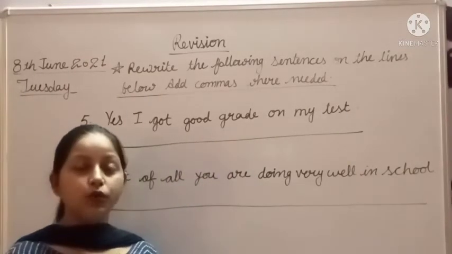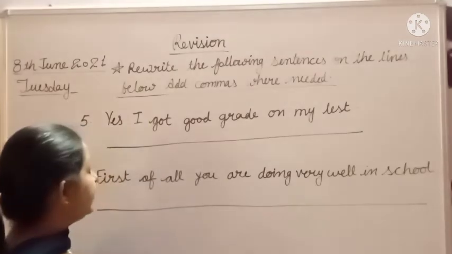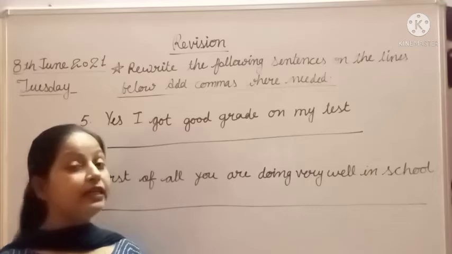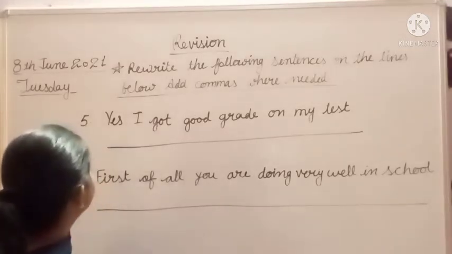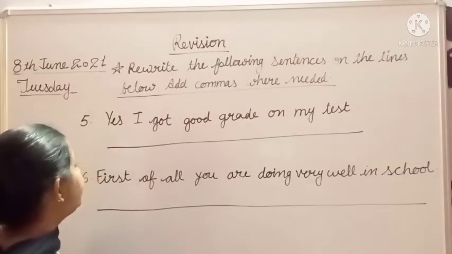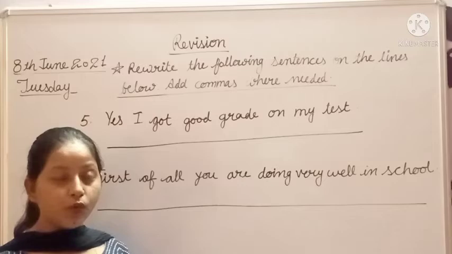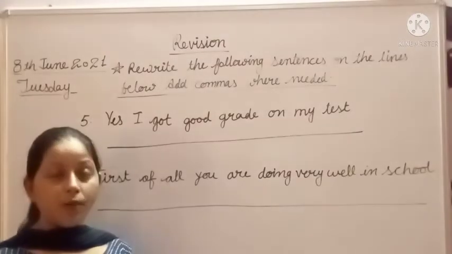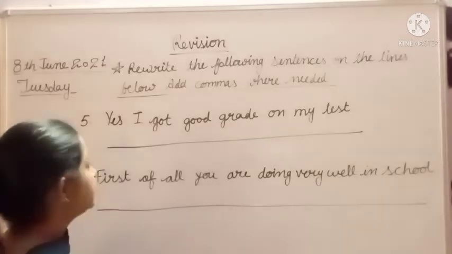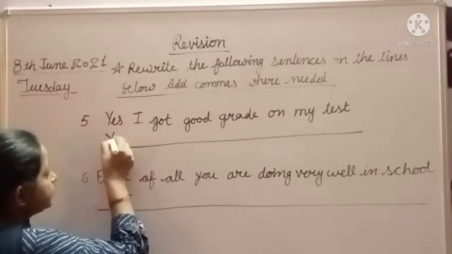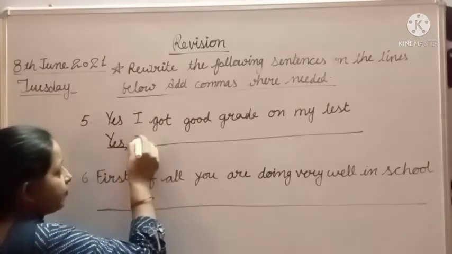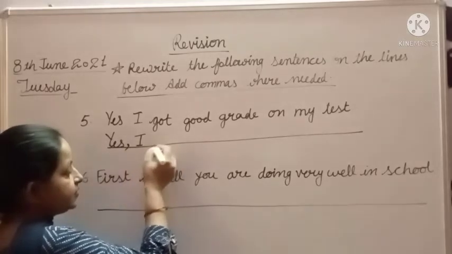In this sentence, where is the comma needed? After yes. Okay, students, when we write yes or no, then we put a comma after yes or no. So we will put a comma after yes. Rewrite the sentence: Yes, put a comma.